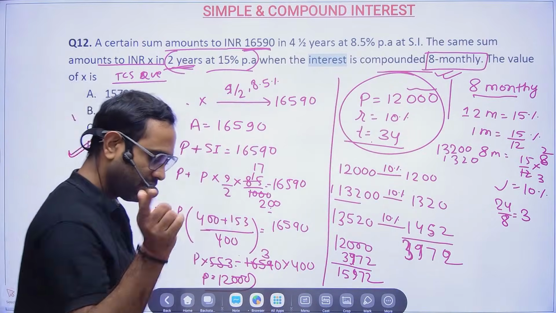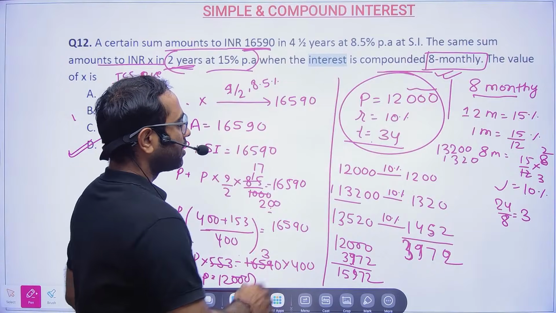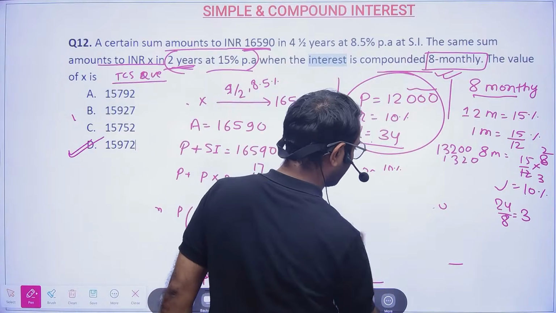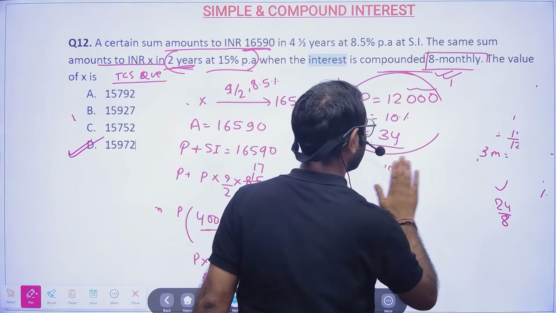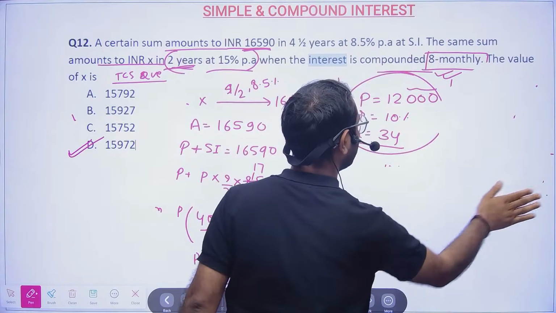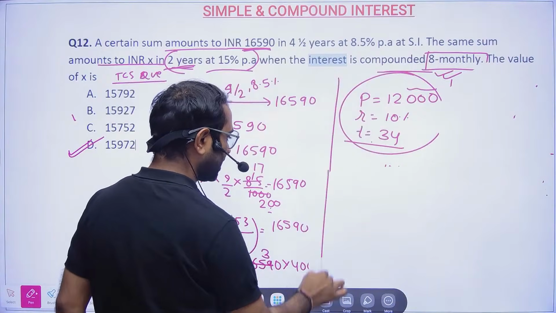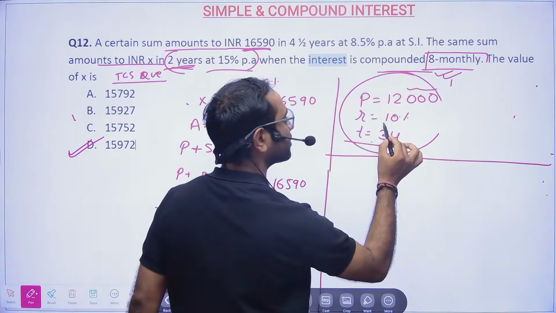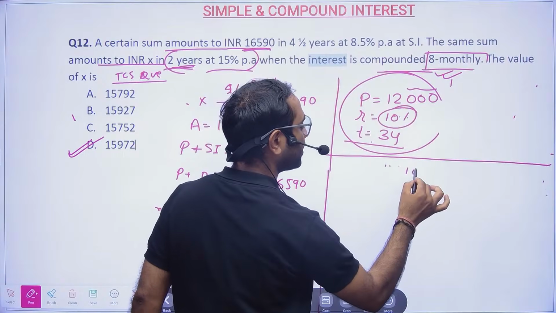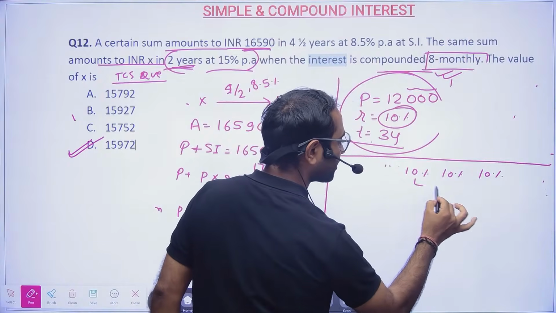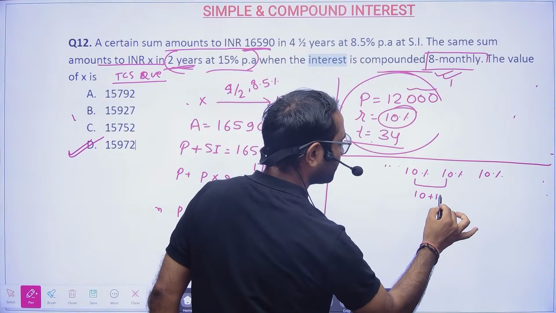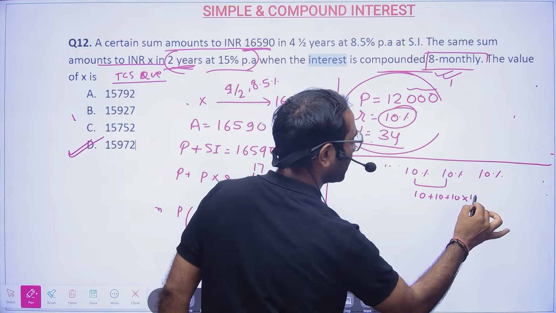Okay, fine. One more concept I will tell you. If you would have understood this one, another way to calculate the compound interest is, there are multiple ways we can calculate compound interest. If your rate of interest is 10%, 10%, 10%, we calculate the successive interest. So 10 plus 10 plus 10 into 10 by 100.